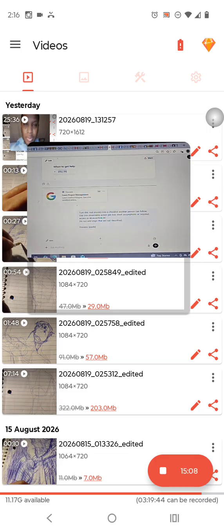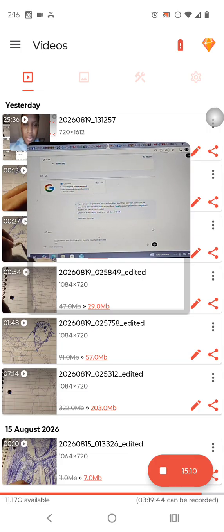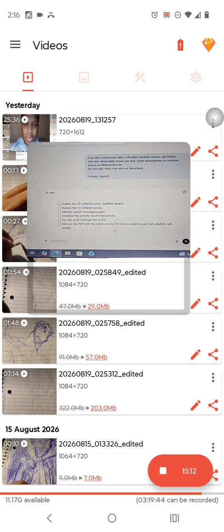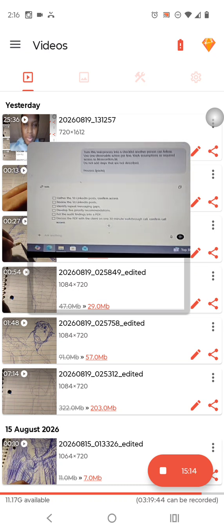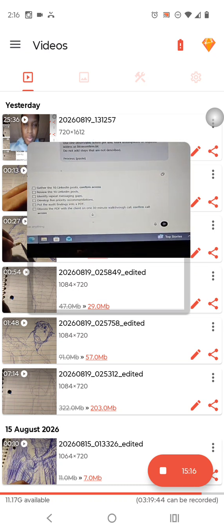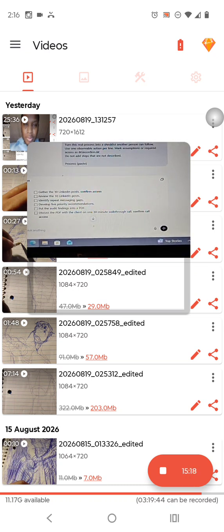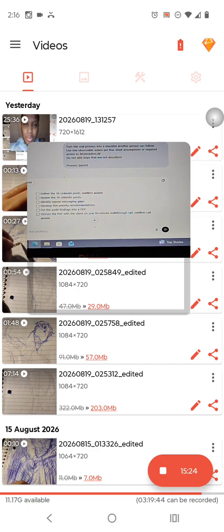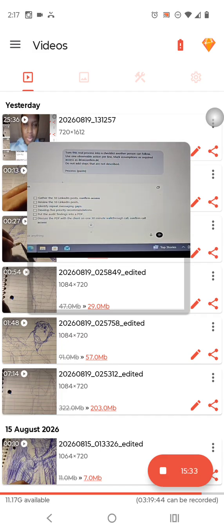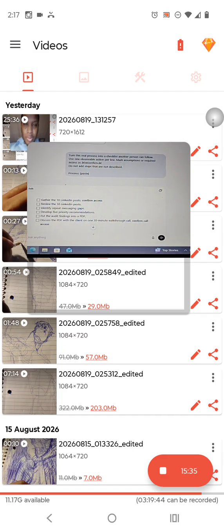Okay, so here we go. Let me scroll down to the next prompt. Turn this real process into a checklist another person can follow. Use one observable action per line, mark assumptions or required access. Do not add steps that are not described. The process already told ChatGPT that.